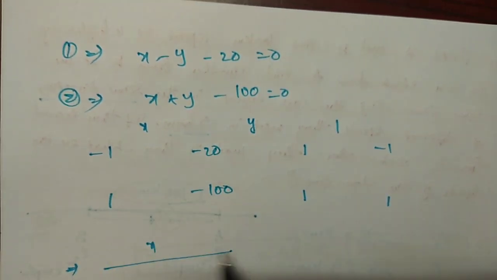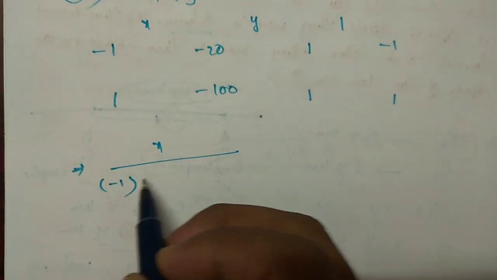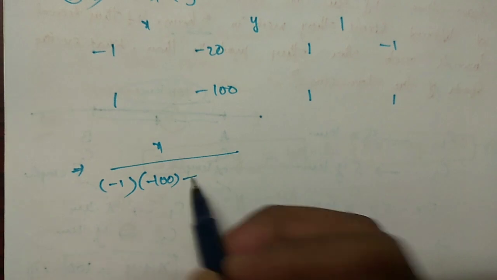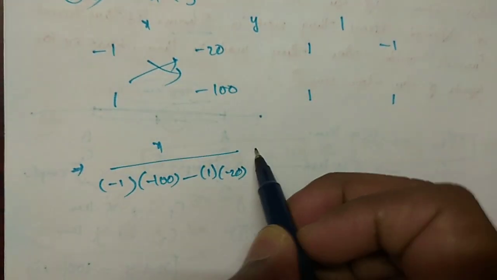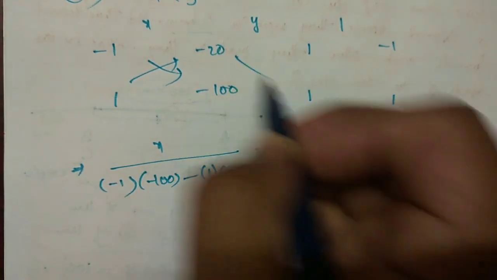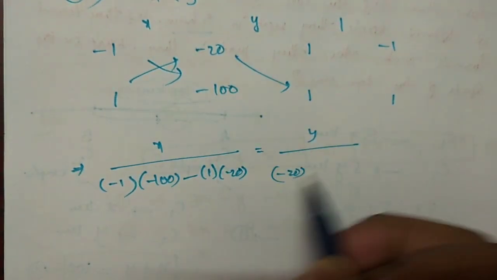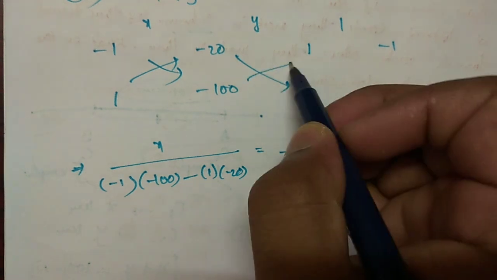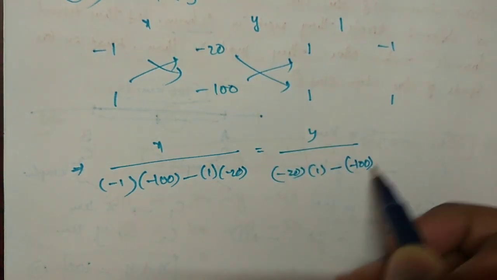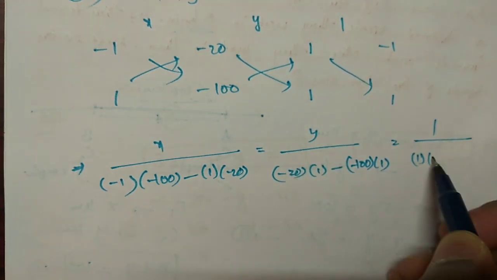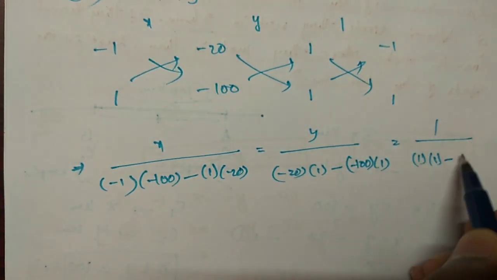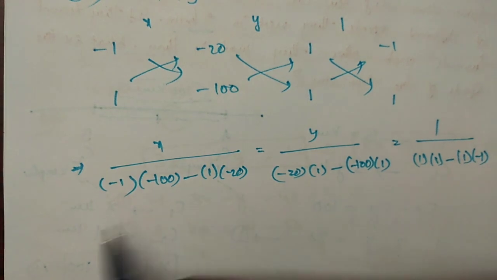This is x by minus 1 into minus 100 minus 1 into minus 20, equal to y by minus 20 into 1 minus of minus 100 into 1, equal to 1 by 1 into 1 minus 1 into minus 1.